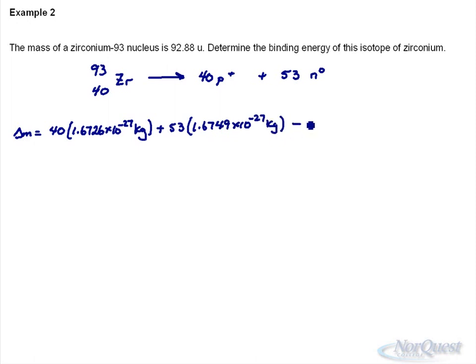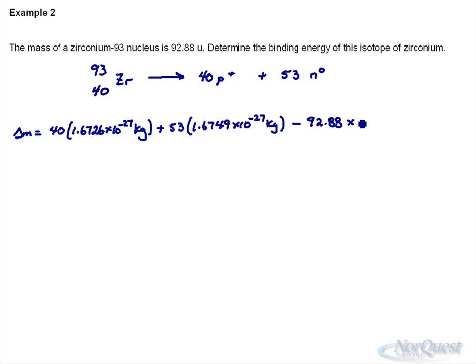And what we're going to do is subtract 92.88 atomic mass units. But what we want to do is change this to kilograms.